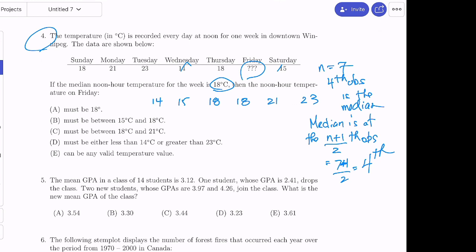So you're told that the median is 18, so you have some options.